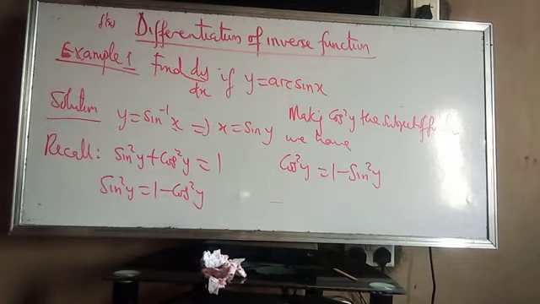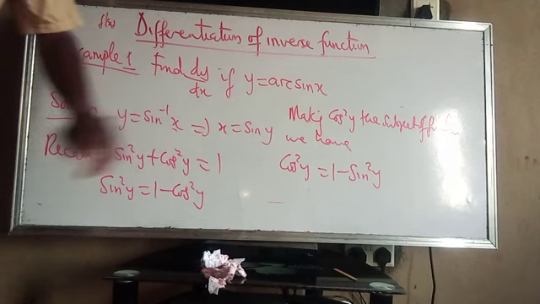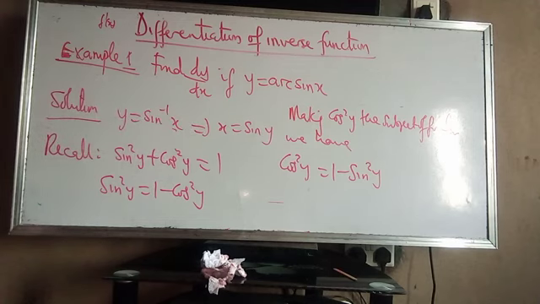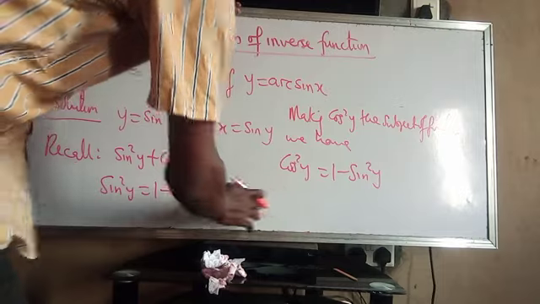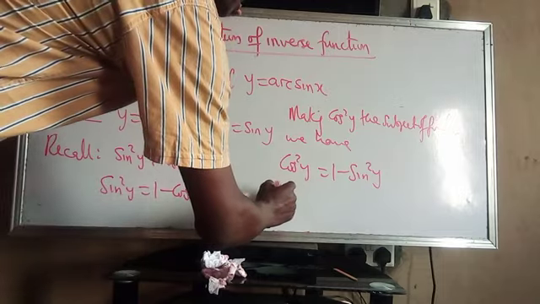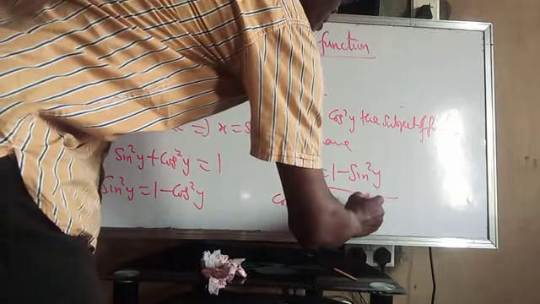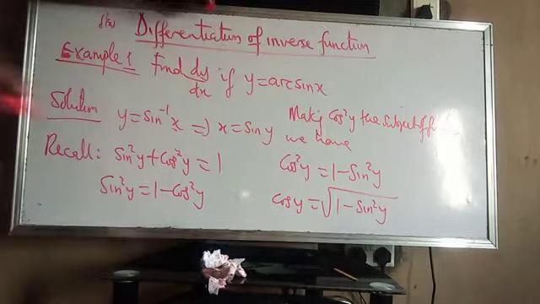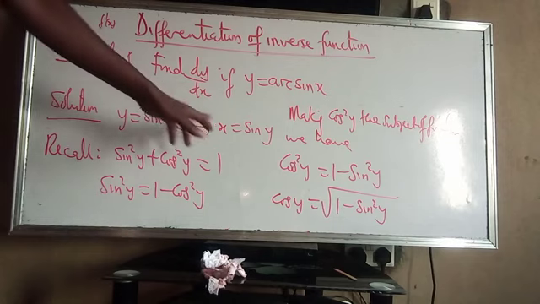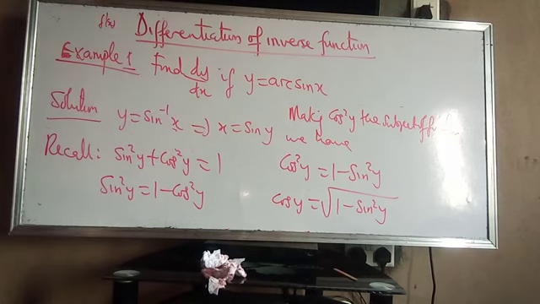Beautiful. So that you can easily substitute for x equals sine y. So cos y will now be the square root of 1 minus sine square y. Beautiful, because already we know what x is replacing.